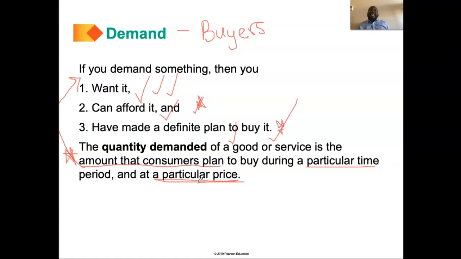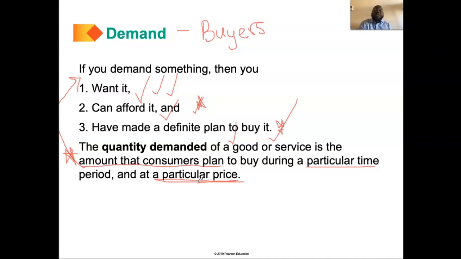So for example, I walk into Walmart and I want to buy, let's say, 2 wine bottles for a price of $20. At a price of $20, quantity demanded of red wine is basically 2. Or I go to Walmart and I want to buy 2 apples for, let's say, the price of $4. The quantity demanded of an apple at a price of $4 is basically 2 apples, okay?